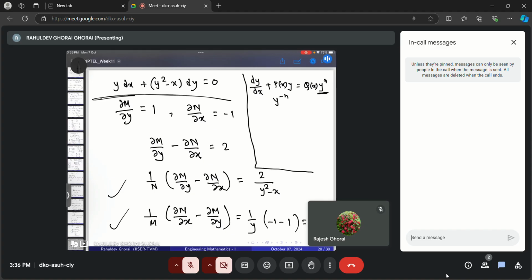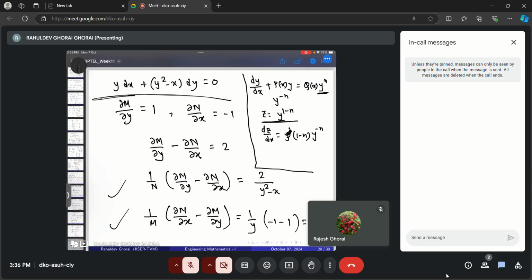And you have to change the differential equation using a variable change, which is z equal to y to the power 1 minus n. And then you will see dz dx is nothing but 1 minus n times y to the power minus n times dy dx, right?